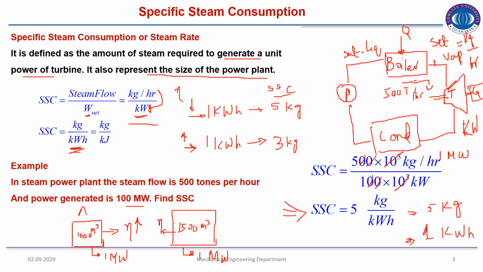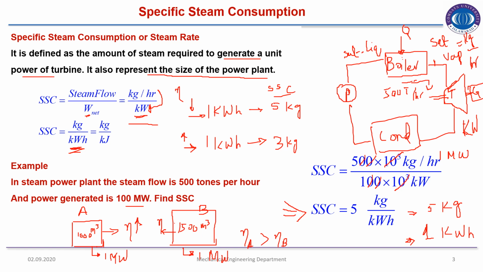For example, this is A and this is B. So the efficiency of power plant A is greater than the efficiency of B. So specific steam consumption relates that the efficiency and the size of power plant are inversely proportional to each other. If the power plant is more and more efficient, then its size will be reduced with respect to the size of a power plant that is large.